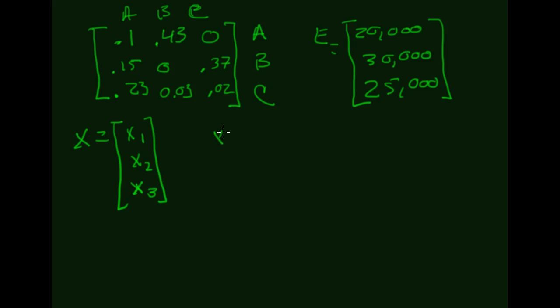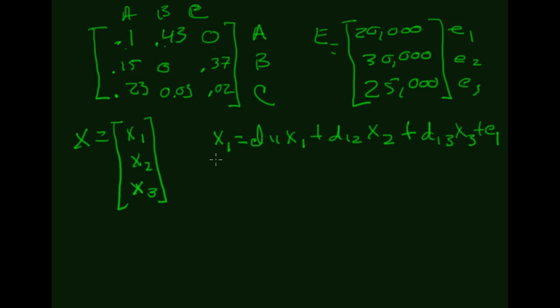Well, if you think about this, x1 should equal D11 times x1, because that's what's coming back to it, plus D12 times x2, because 0.43 of x2, plus D13 times x3, plus my external demand of item 1. We're going to call these E1, E2, E3.